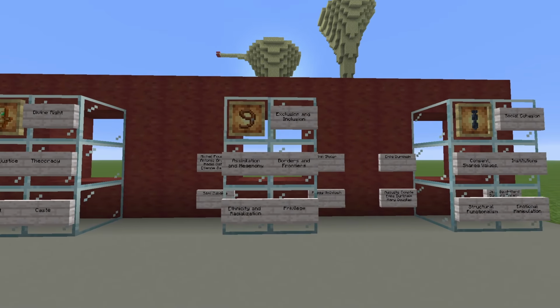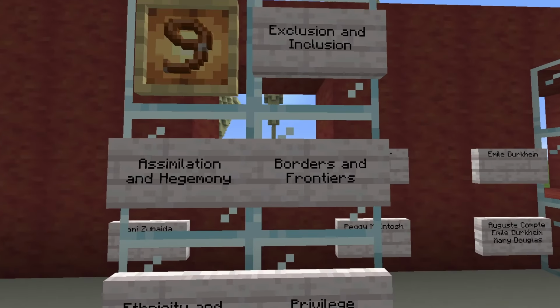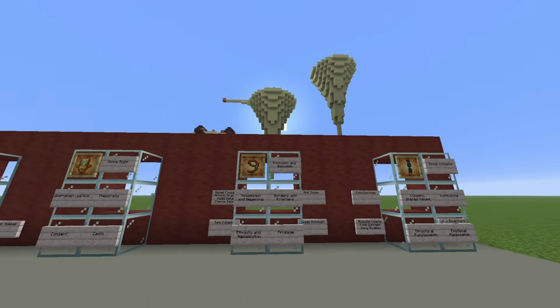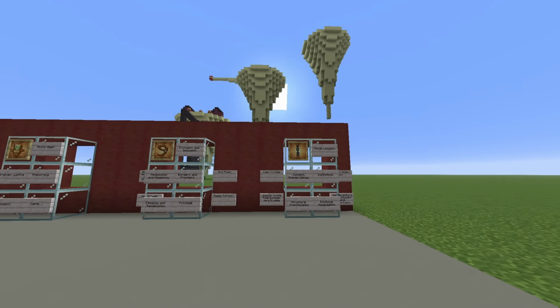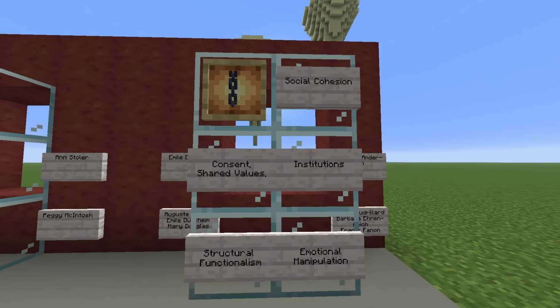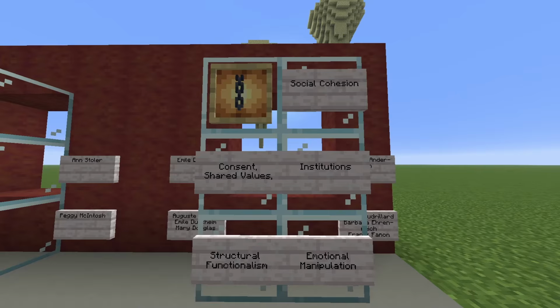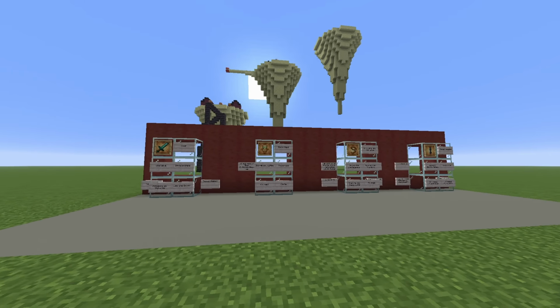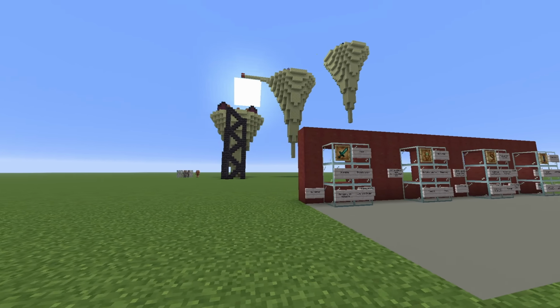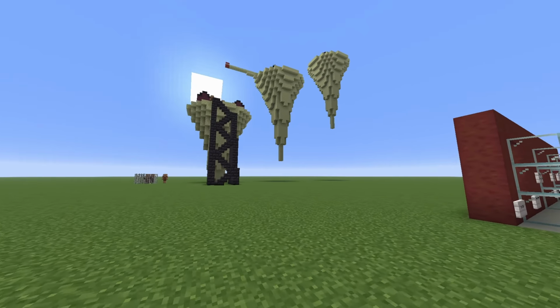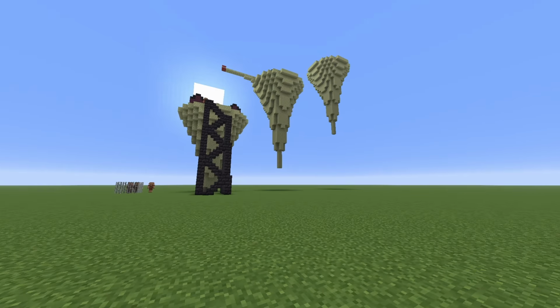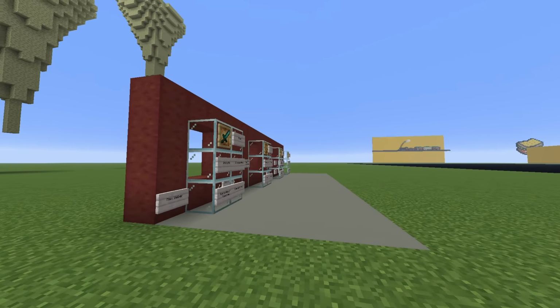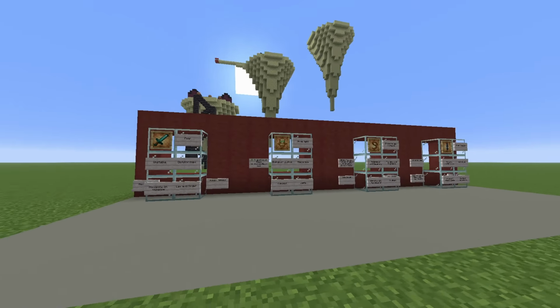The ideas of exclusion and inclusion, of borders and frontiers, and violently looping people into society or violently keeping them out. The ideas of creating social cohesion by basically manipulating people or by creating institutions for shared values and shared morality systems. All of these things will contribute to a Minecraft society or a real life society that is fundamentally pretty stable.